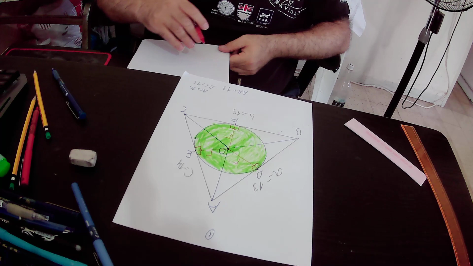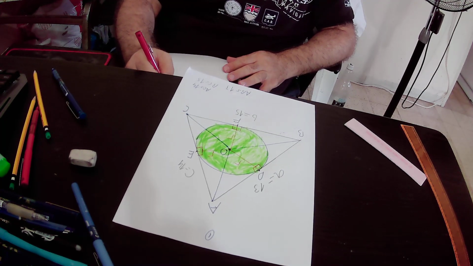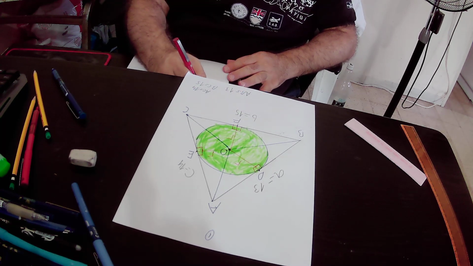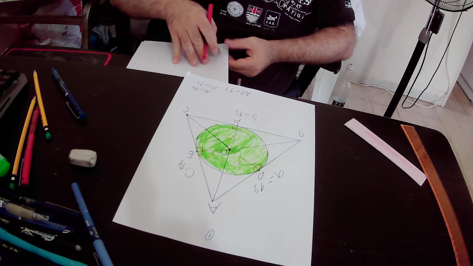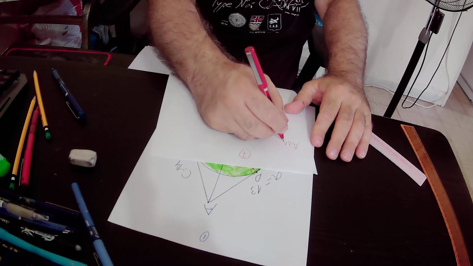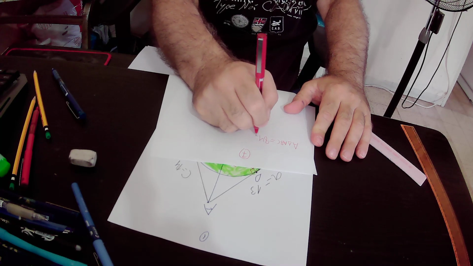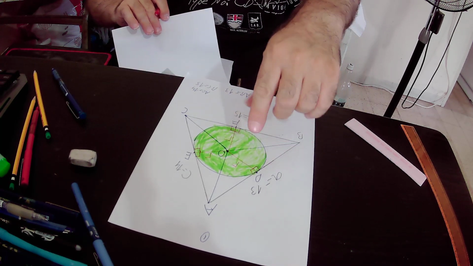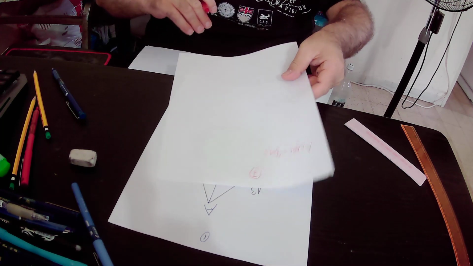Okay, so the area of triangle ABC that equals 84 square units equals the sum of the areas of triangle AOB plus triangle AOC plus triangle BOC. Okay?